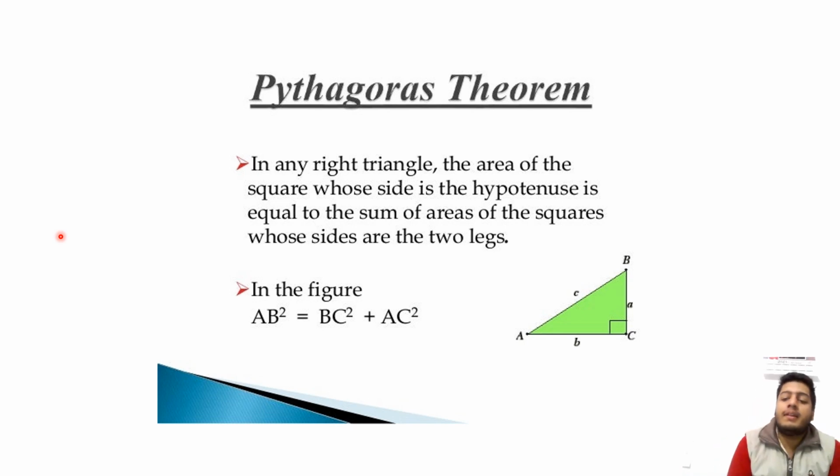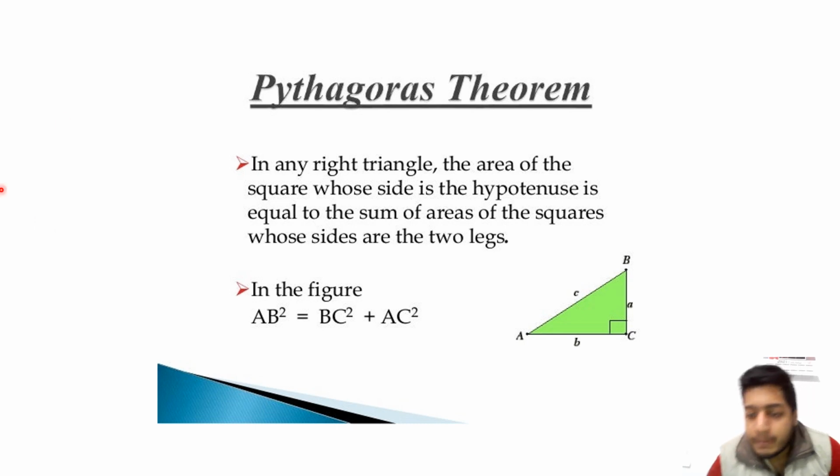Okay, so basically Pythagoras was a mathematician who gave the Pythagoras theorem. According to this theorem, first of all, it is only valid in a triangle whose one angle is 90 degrees. That means Pythagoras theorem is only valid for those triangles which are right triangles or right-angled triangles.